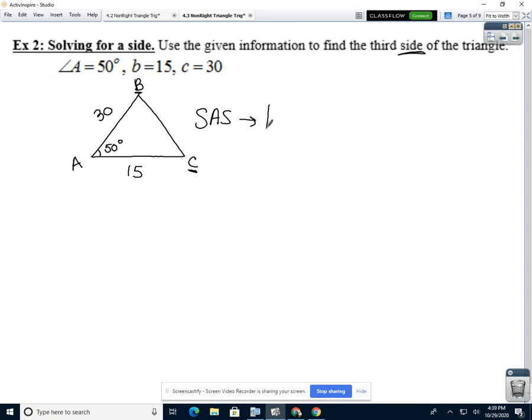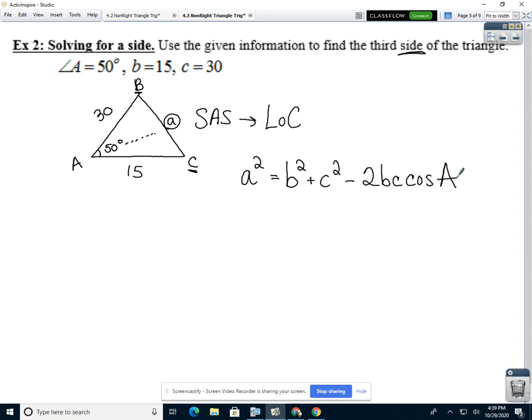So the law of cosines, right? Remember, we are looking for side A, right? So I'm going to use my equation for A. So A squared equals B squared plus C squared minus 2BC times cosine A. So now A squared, lowercase a, because it's the side.